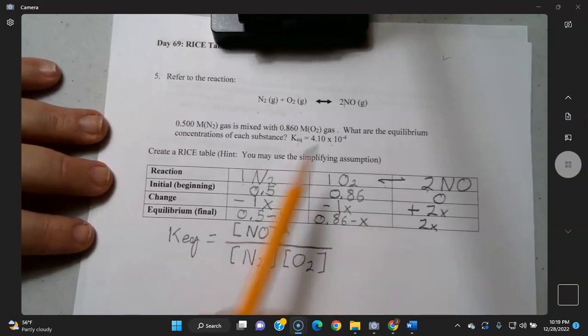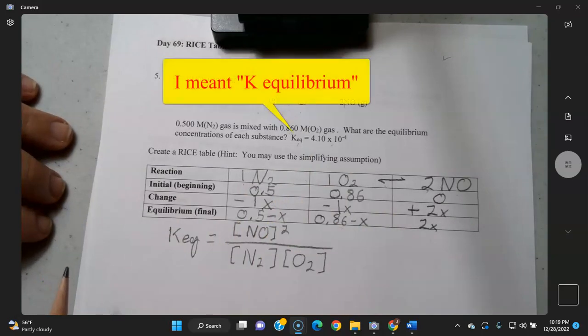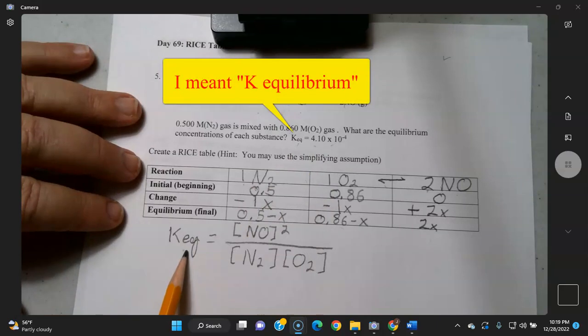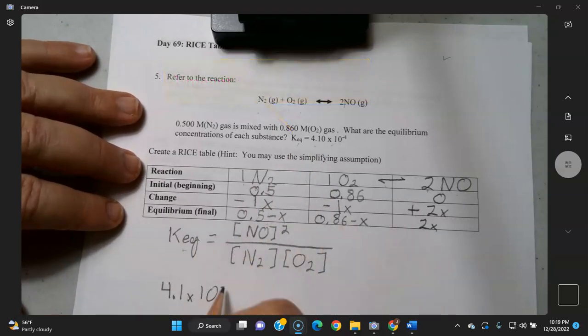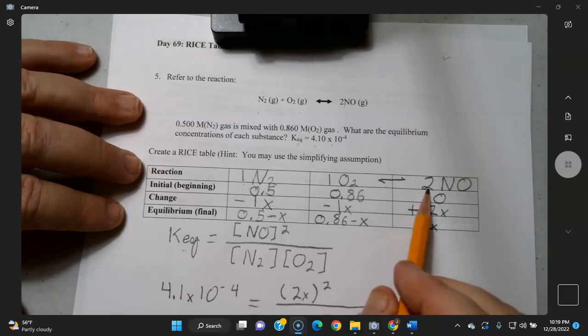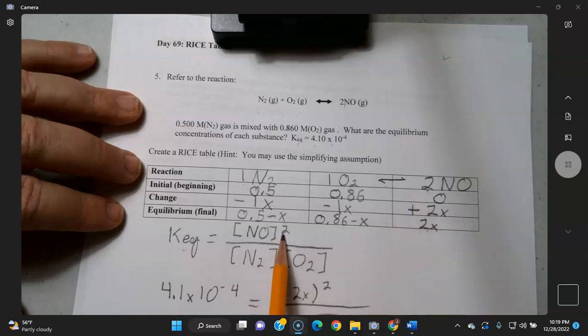And you do know a K value. All right, so now we're going to plug in the K value, and these algebraic expressions for each of these. Okay, so the 2x goes in here for NO, and then the 2 here makes it a square. All right, over here you have this. And 0.86.